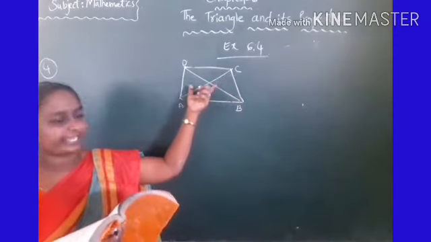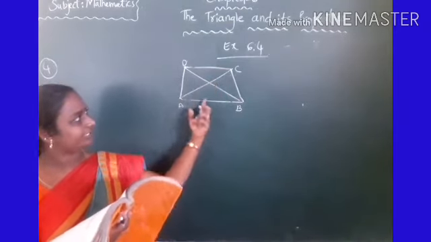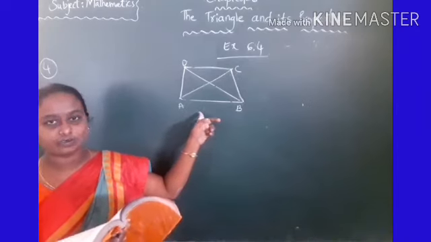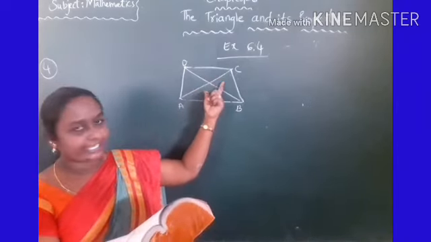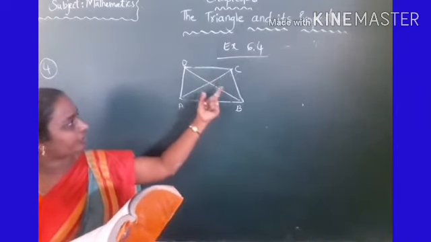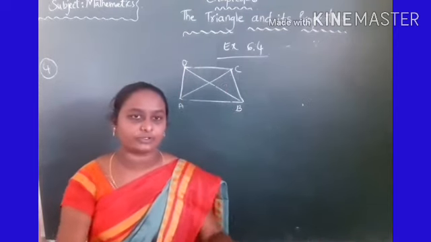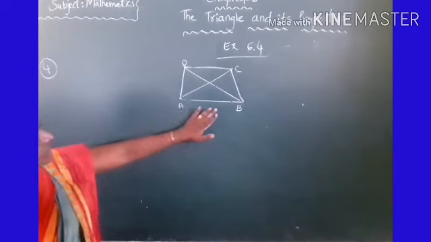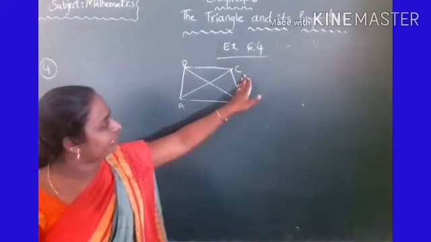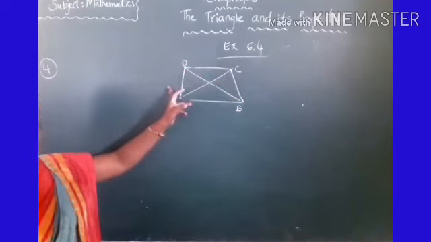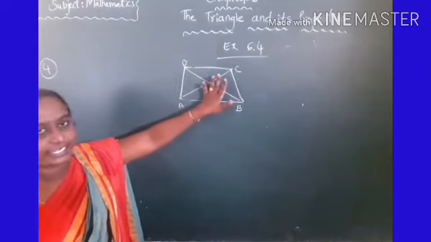These two are diagonals. The quadrilateral contains four sides. These two diagonals form how many triangles? Four triangles. Now we have to show the length of AB plus BC plus CD plus DA is greater than AC plus BD.